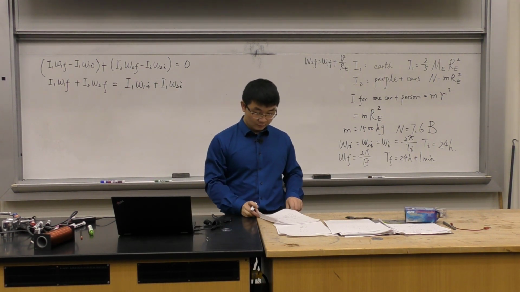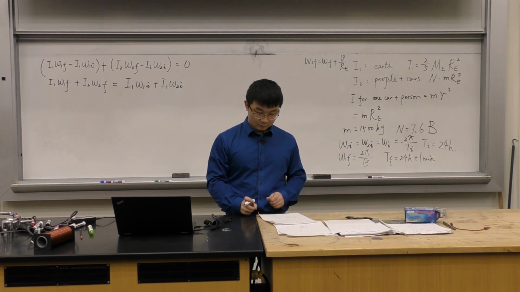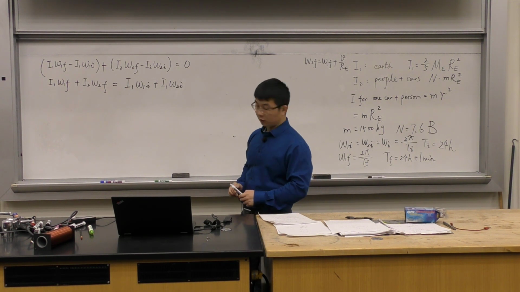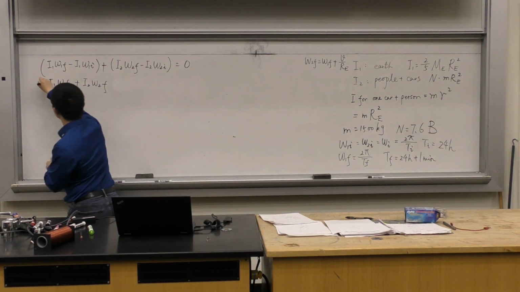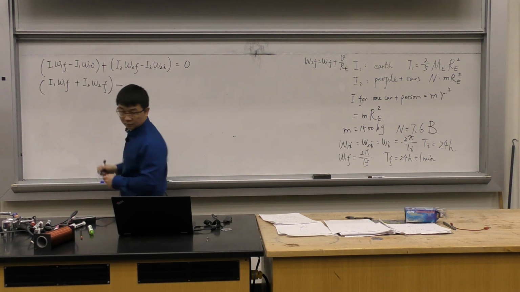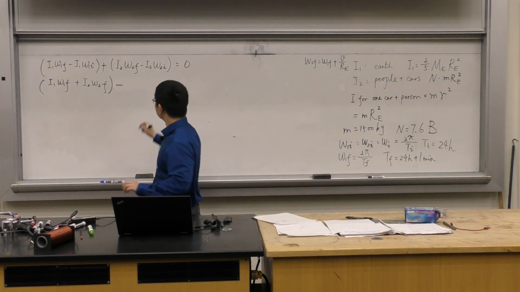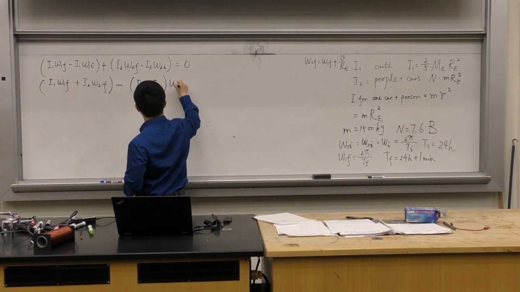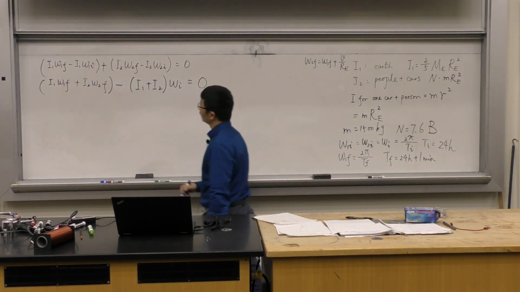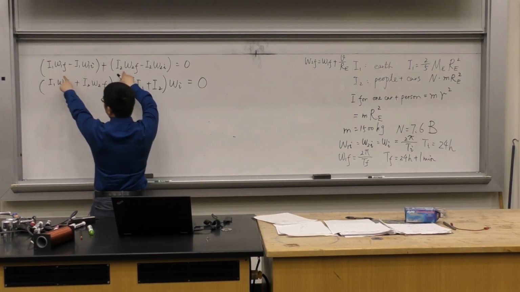All right. This is what I want to do. No, I don't want to remove that. Okay. I'm just going to put these two guys together, and then minus I1 plus I2 times omega i. Okay, that's what I want to do. Okay? I put these two terms together.